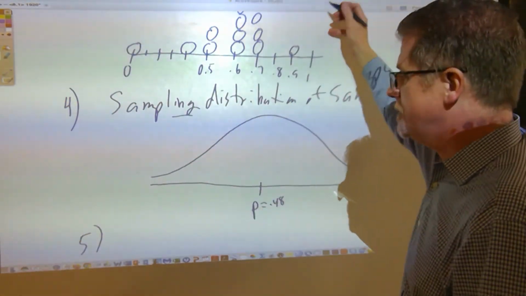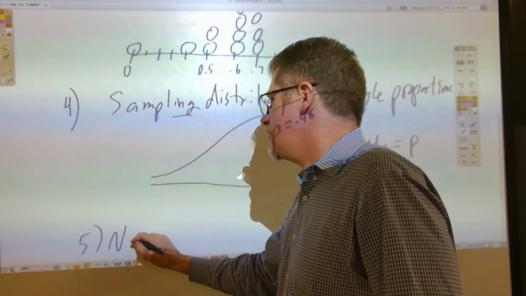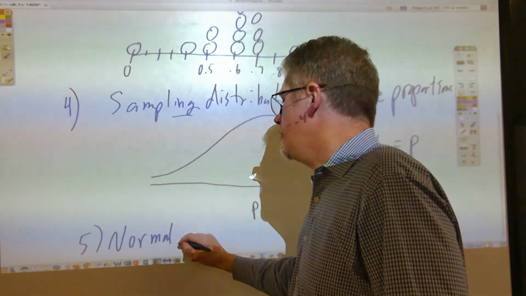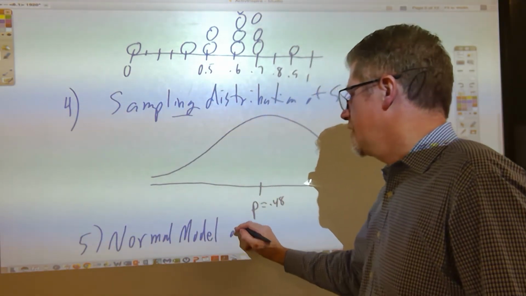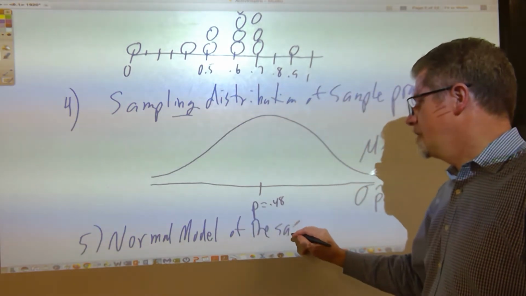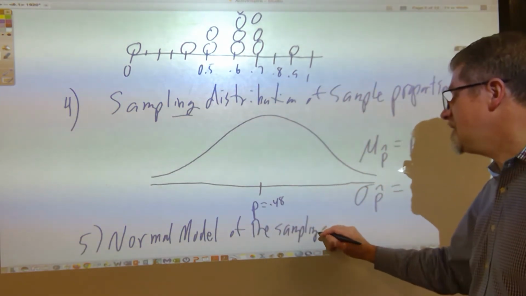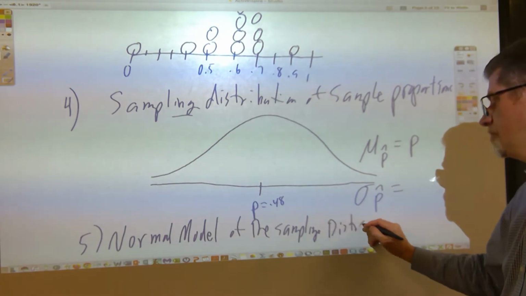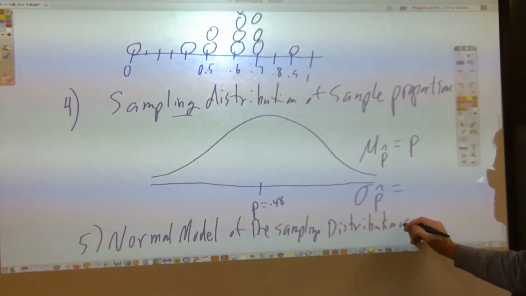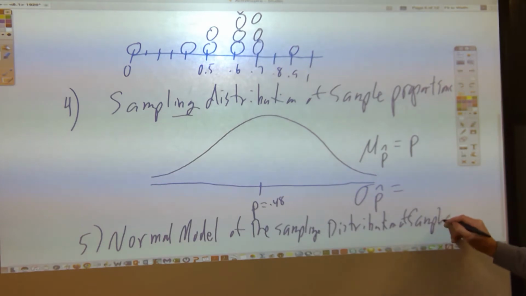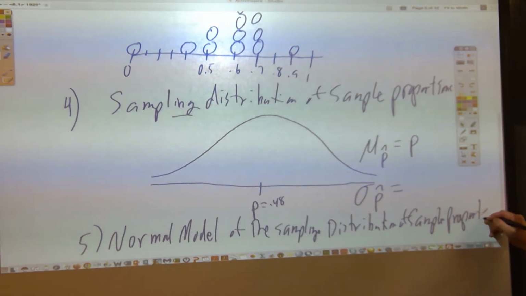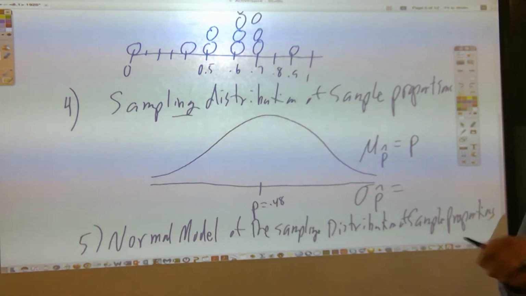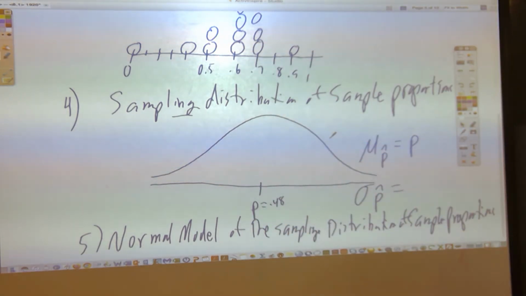So to really make this the full-fledged thing, there is a normal model of the sampling distribution of sample proportions. So that's an equation, essentially. It's the equation of the curve. It's the equation of the sampling distribution. And that equation can be specified with the mean and proportion.